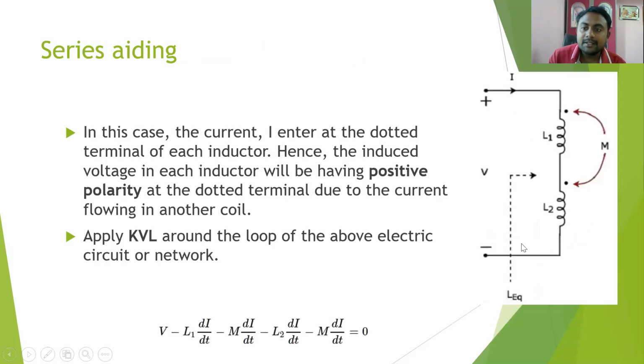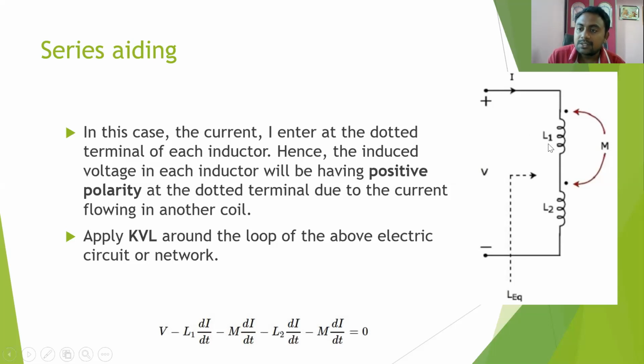Next, I use the KVL equation for the given network, which I have shown here. How are we going to write the self-induced voltage? I always write in my equations self-induced voltage e equals minus L dI by dt. That is the self-inductance formula. So for this one, minus L1 di1 by dt. That is what I have to write for the self-inductance of coil 1.